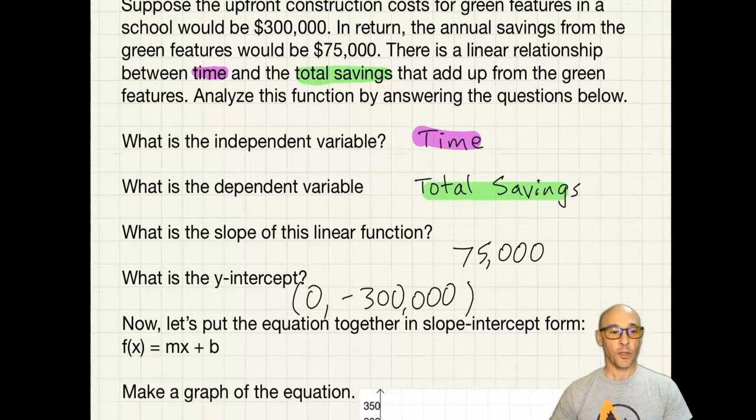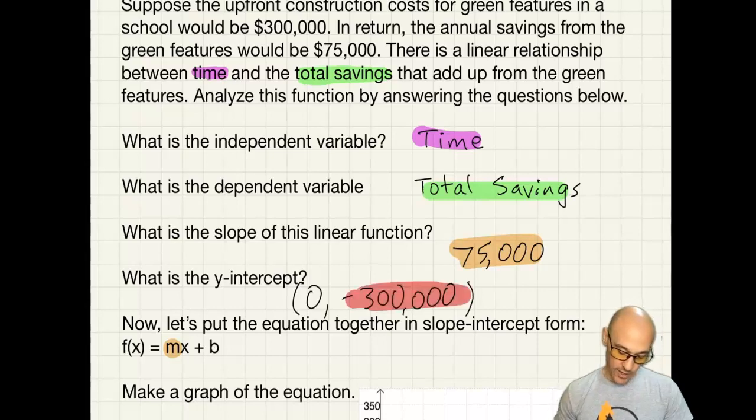All right, now let's put the equation together in slope-intercept form. So here we have our slope, which is 75,000. That's going to be our m value. And we have our y-intercept, negative 300,000. That's our b value.